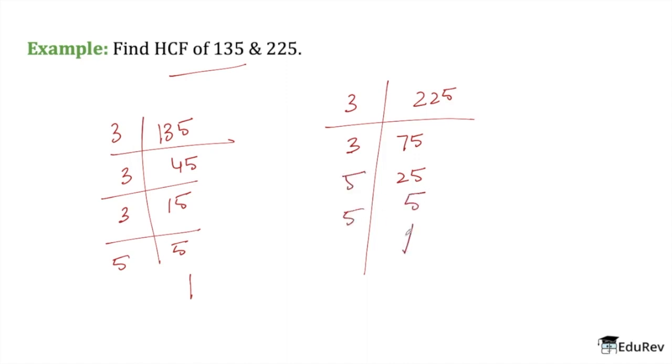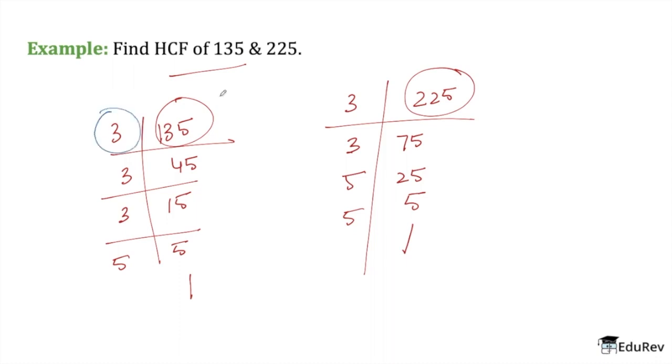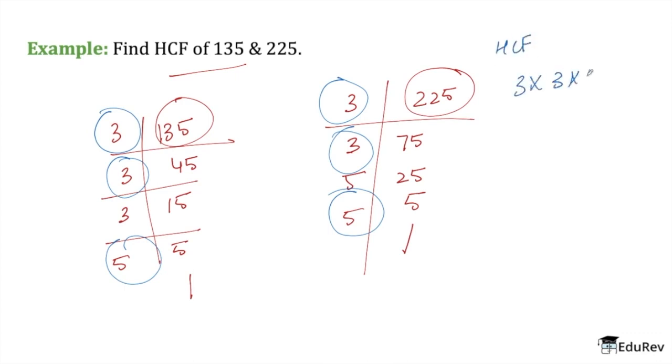So that means between your 225 and your 135, there are a few common numbers, and those are going to be what? 3 and 3, then again 3 and 3, and then 5 and 5. So that means the HCF is going to be what? The HCF is going to be 3 into 3 into 5, that is nothing but 45.